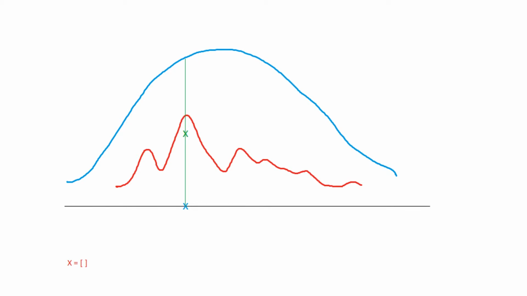We sampled uniformly on the line. The point on the line is below the f(x). It's below the red line. What does it mean? Accept. So we accept this sample.